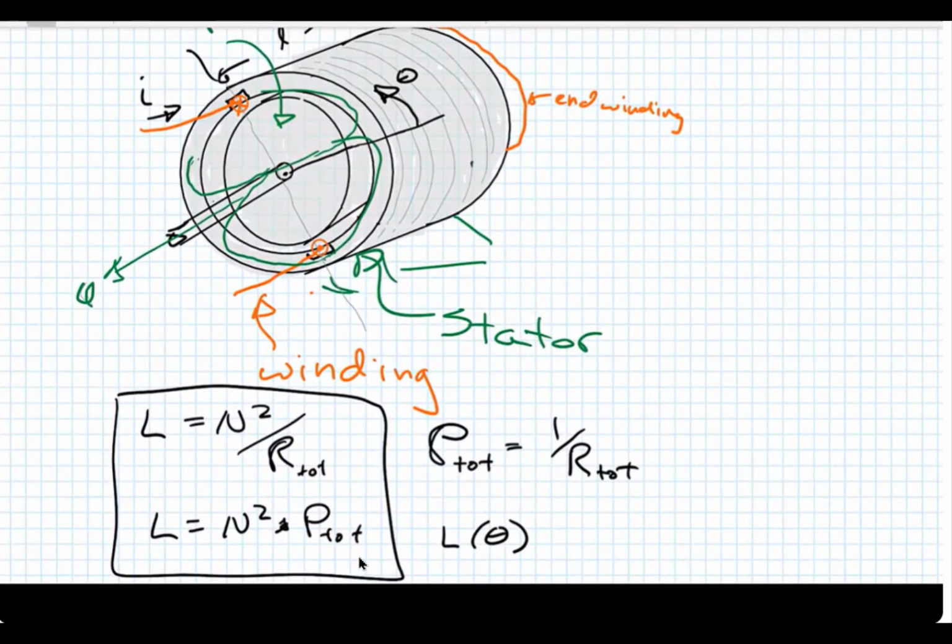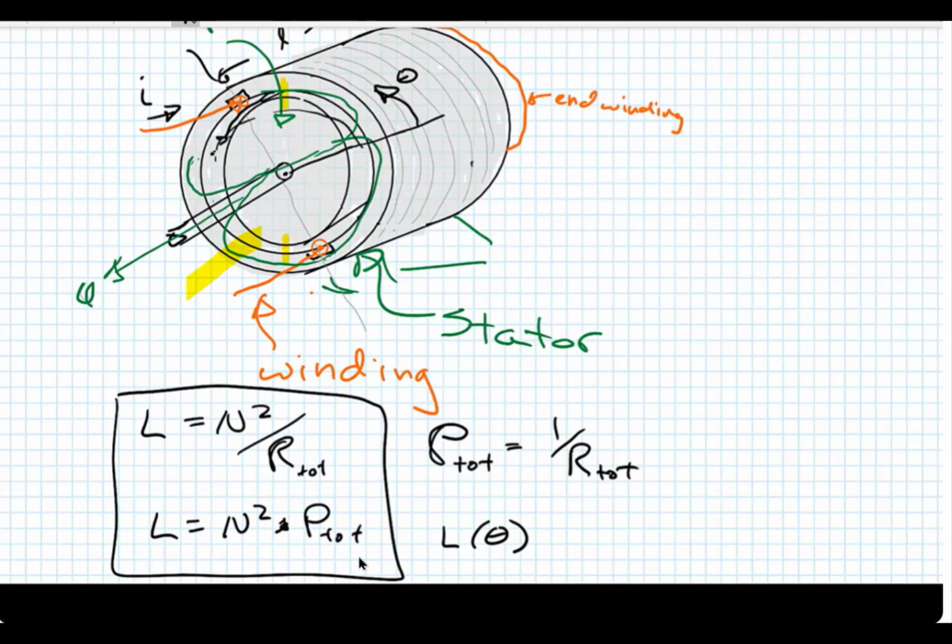Does anybody see where that position dependency might be? If you observe this rotor, I'm going to give you the answer, kind of: this is not a round rotor. It's a football-shaped rotor. So where's the dependency of inductance coming from? As this thing moves, the short part of the gap is changing, right? It might move to a different position over here, and the short gap might be there.